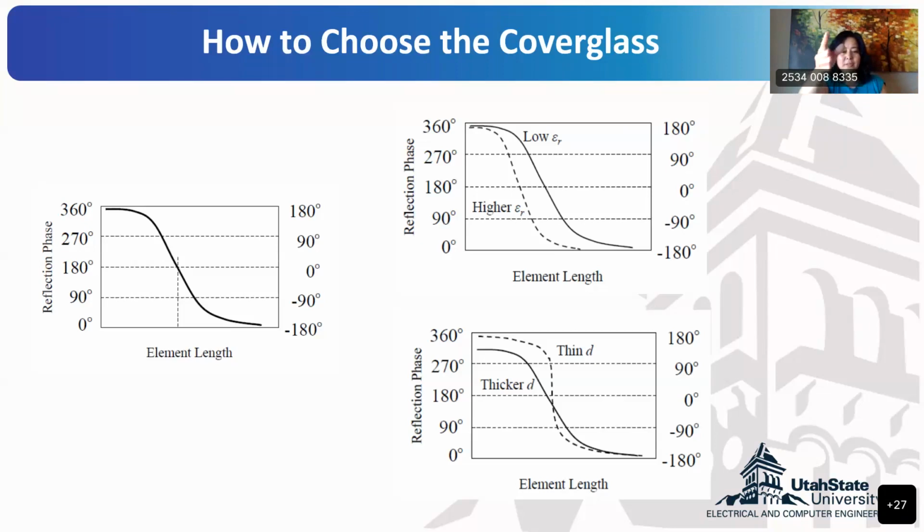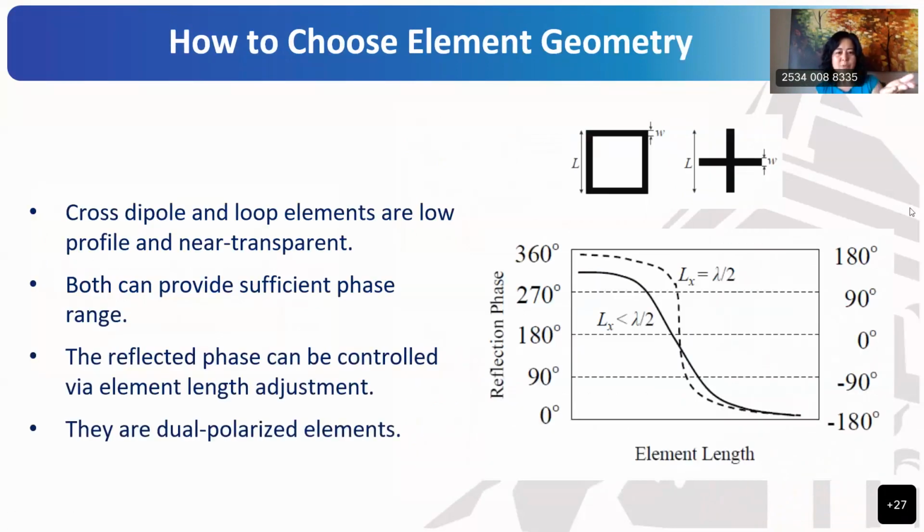Meanwhile, if we make the substrate really thin, again the curve is very steep, so it's hard to print each element, so the substrate has to be a bit thicker. So it's all interrelated. We have to choose the substrate with the best thickness and the most feasible dielectric constant.